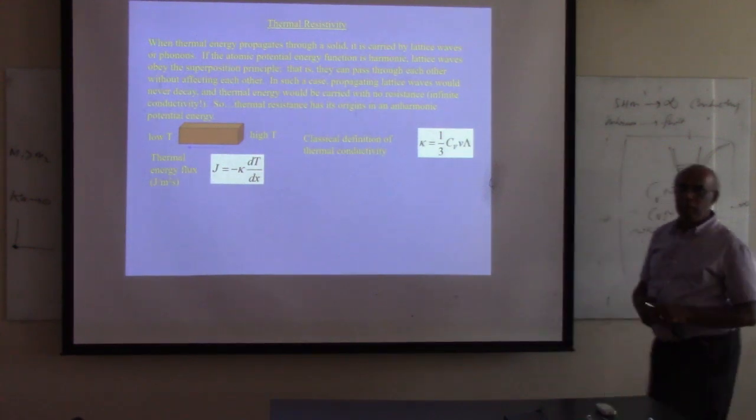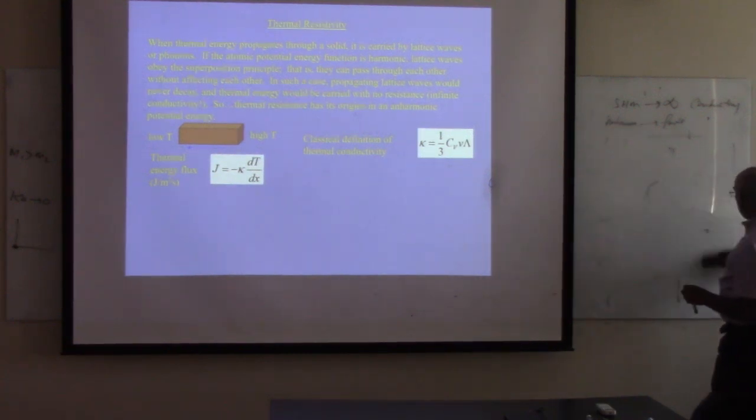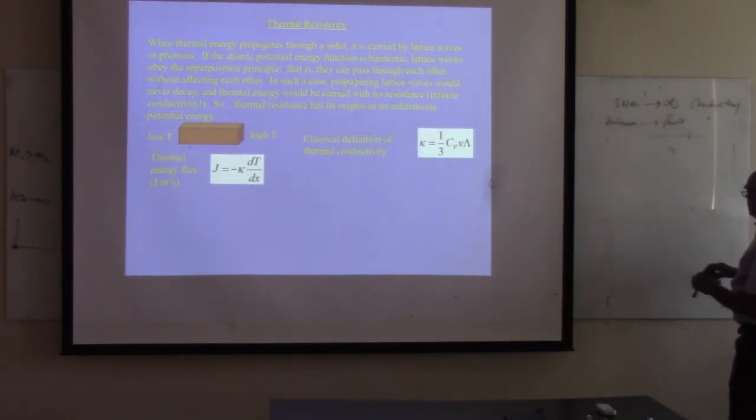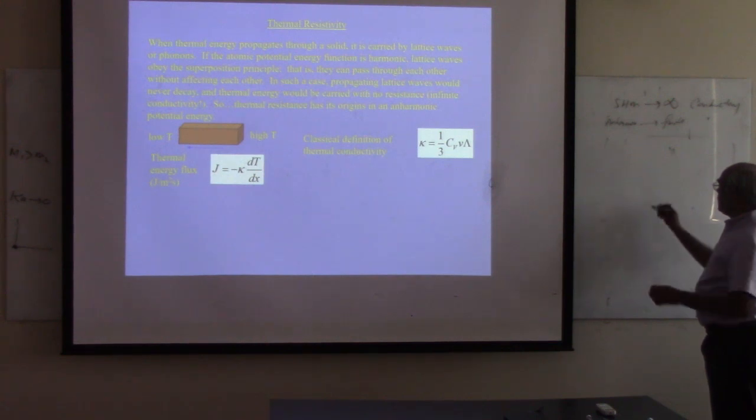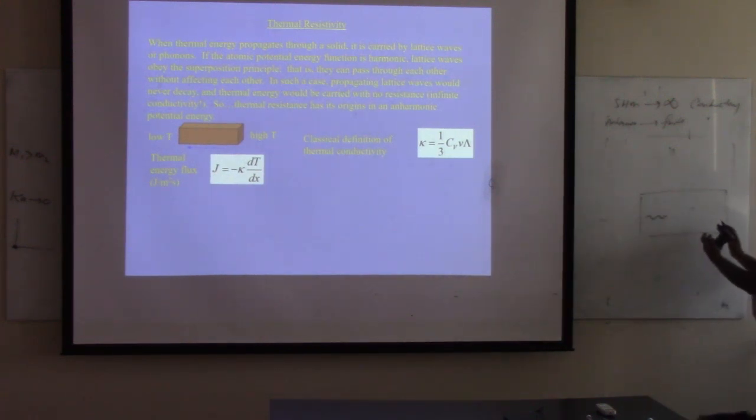What does mean free path mean? It's for phonons, right? If they can move without any problem, then your mean free path is infinite, right? But there are places these phonons can get scattered. This is a very important phenomenon.